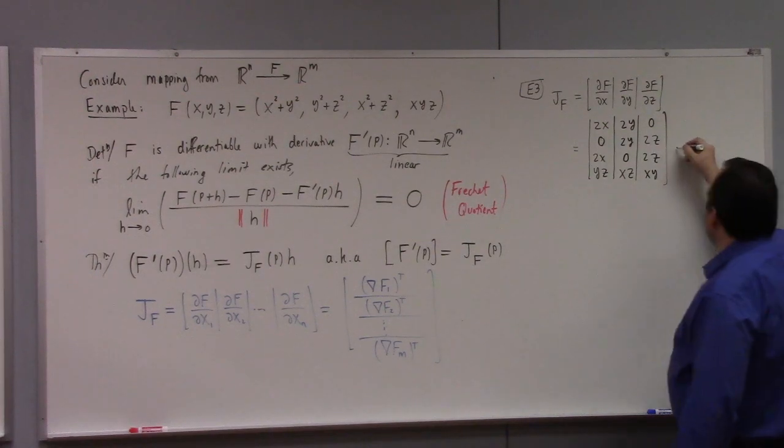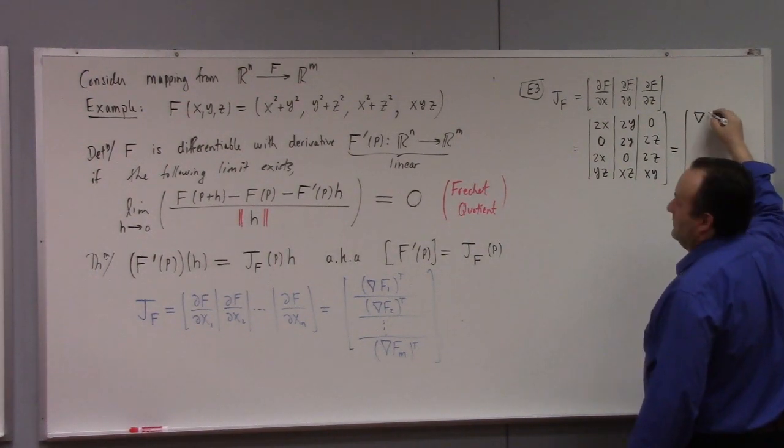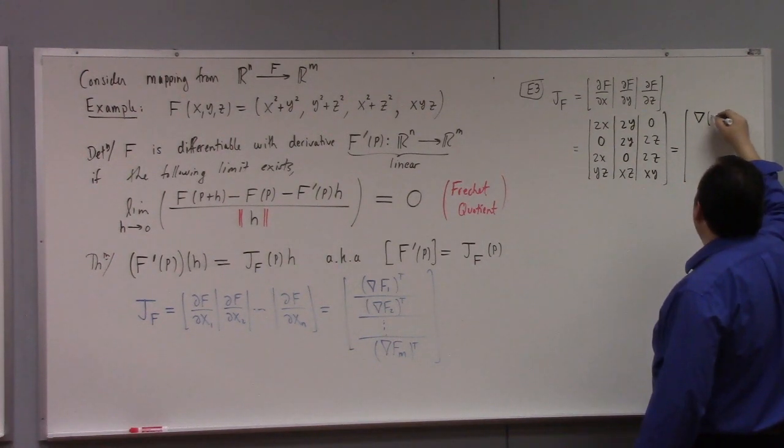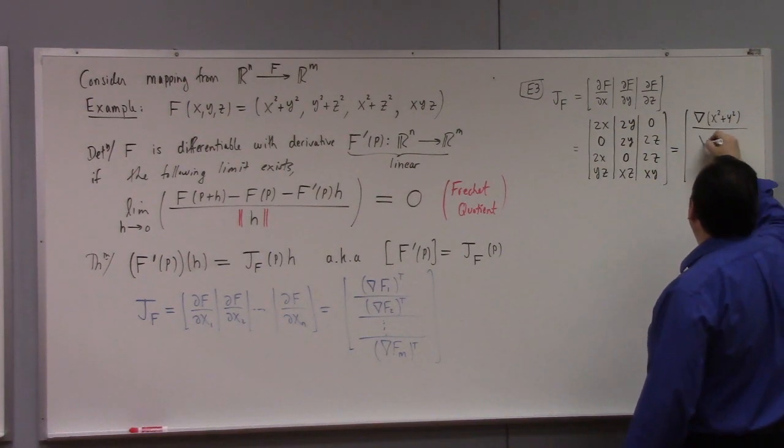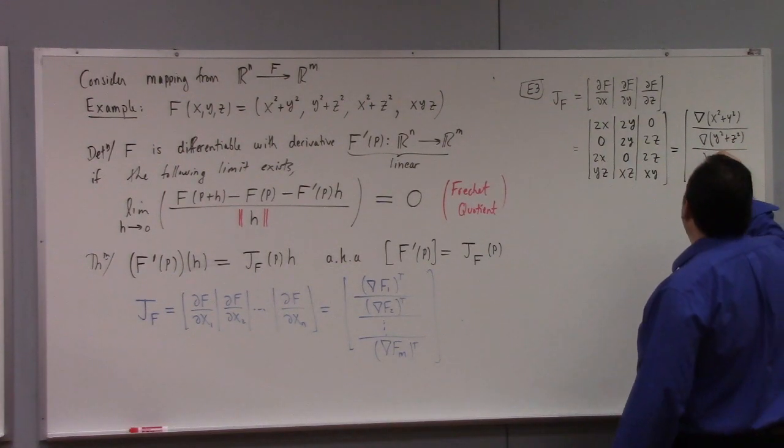Notice that you could look at this as the stack of the gradient of the x squared plus y squared vector. This is the gradient of the y squared plus z squared function, rather. This is the gradient of the x squared plus z squared function.